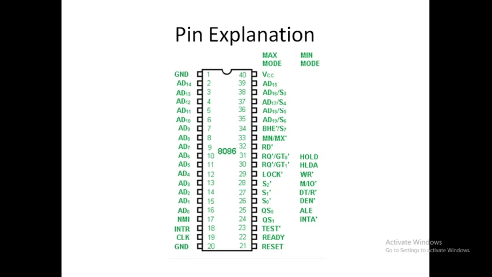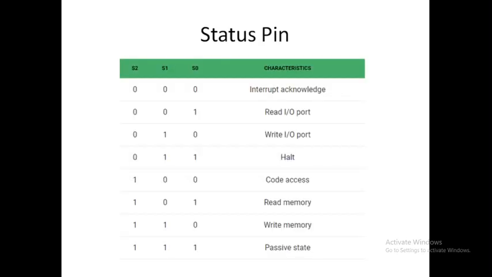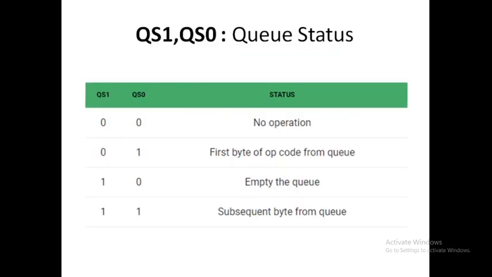Now QS1 and QS0, that is pins 24 and 25, the queue status. This signal indicates the state of the internal 8086 instruction queue according to the table shown here. For 00, QS1 and QS0, no operation.